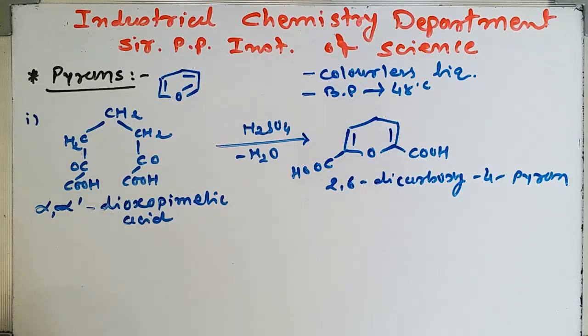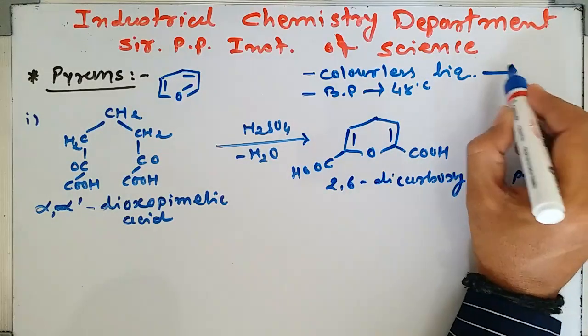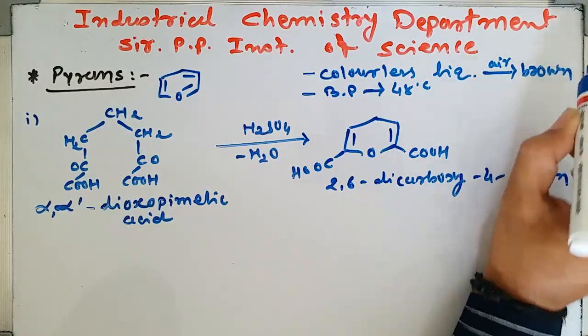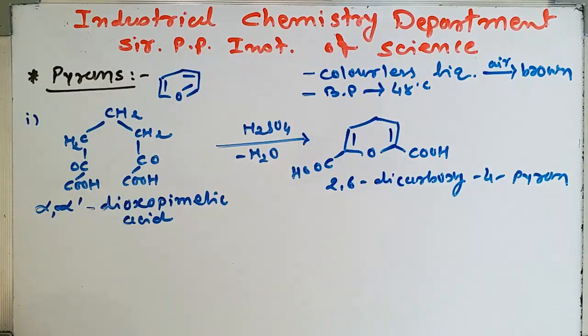It is colorless, but it turns brown in open air. On hydrogenation, it gives tetrahydropyran.